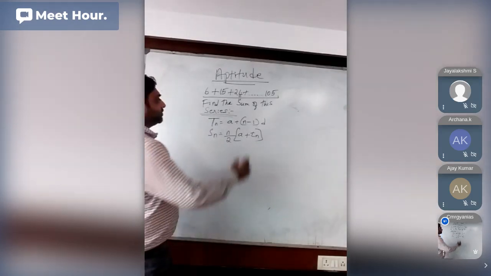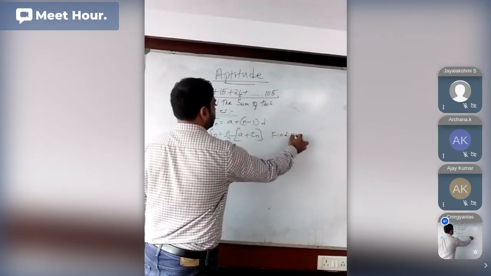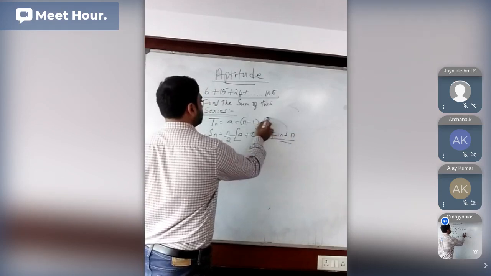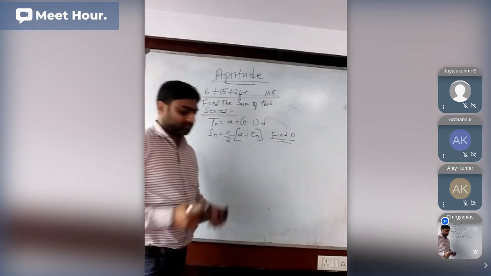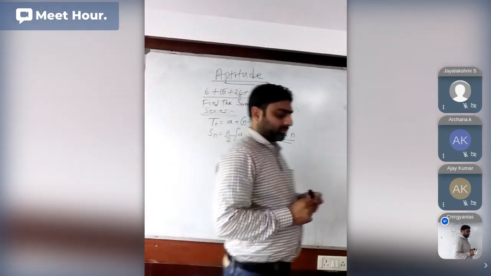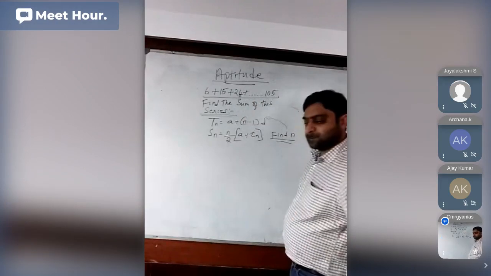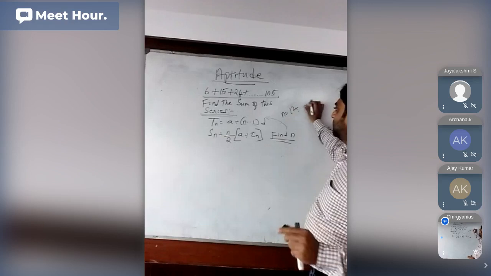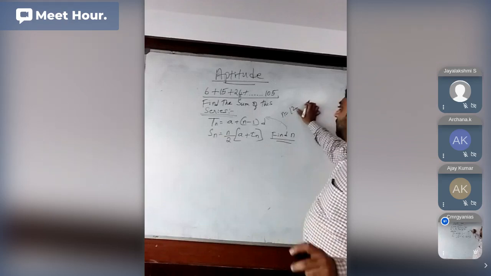So first you need to find n using the first formula. The answer you must get is 12. If you get anything else for n, it is wrong.